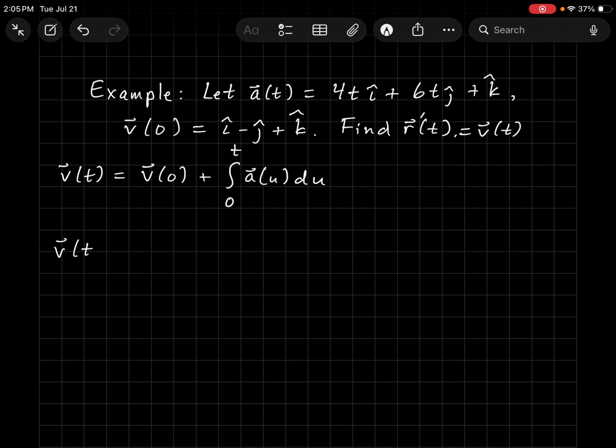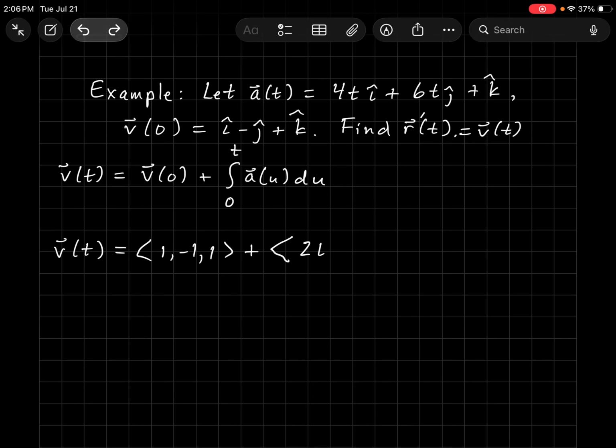So v of t will be my initial velocity. I'm going to change to the other notation, which would be 1, negative 1, 1, plus the integral from 0 to t of each piece individually. So I could do the integral of 4t, which is going to be 2t squared.